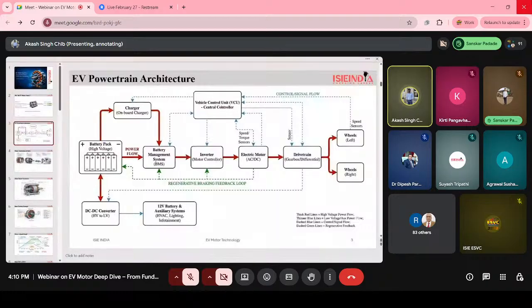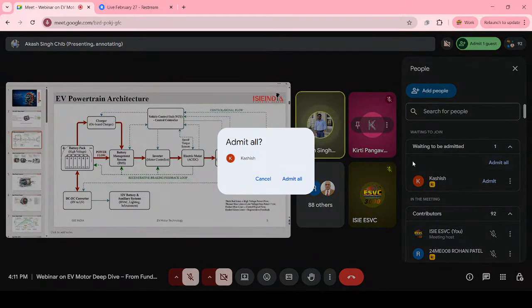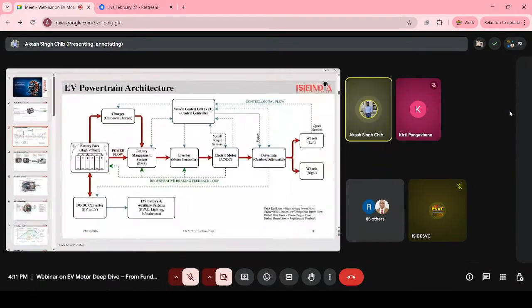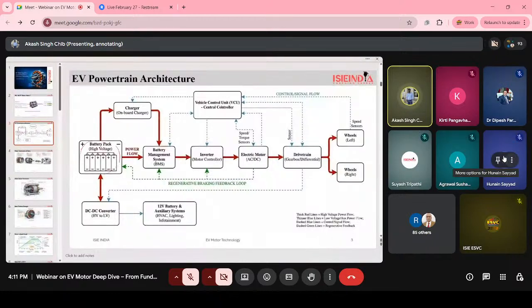Power starts from the battery part. You can see this is our battery pack, and it stores high voltage electric energy. This is the main energy source of our electric vehicle. All the power comes from our battery pack.